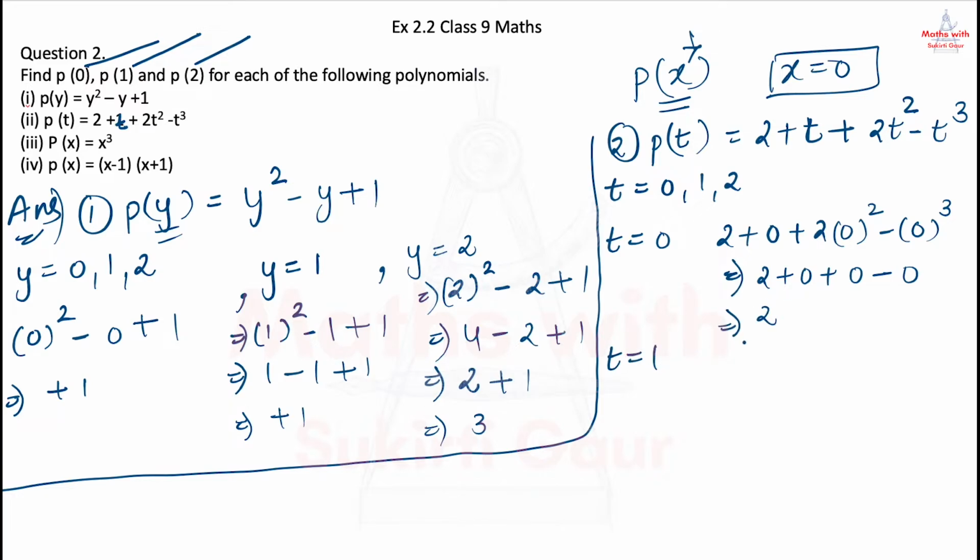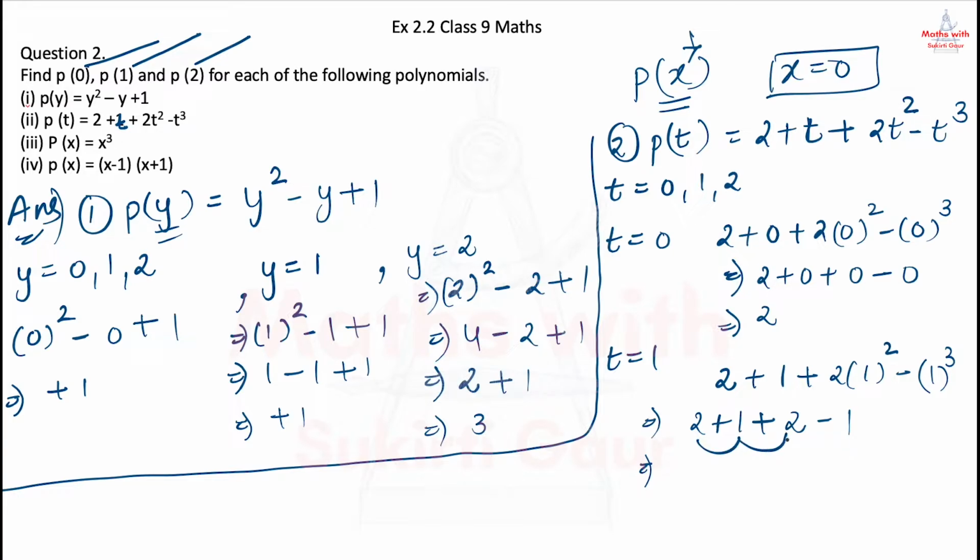Taking t equals to 1, we will get 2 plus 1 plus 2 into 1 square minus 1 cube. Solve it. 2 plus 1 plus 2 into 1 square is 2 minus 1. 2 plus 1 is 3, 3 plus 2 is 5, 5 minus 1 is 4. So at t equals to 1, we have the value of the polynomial as 4.